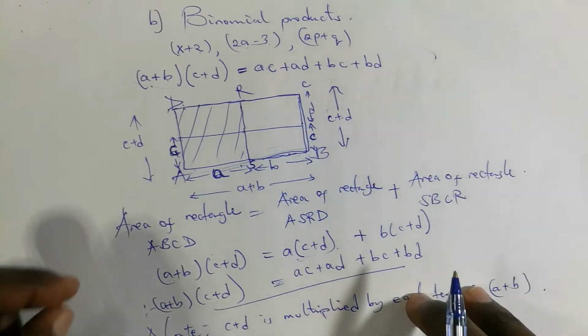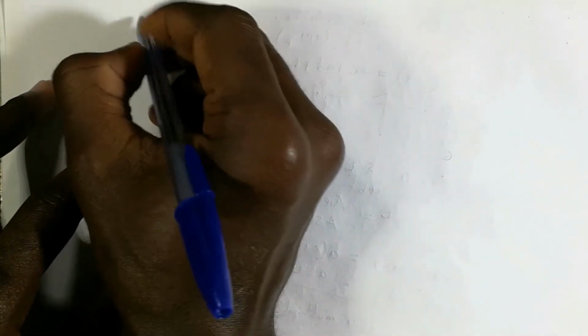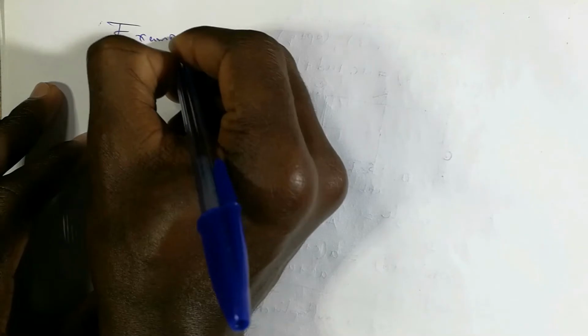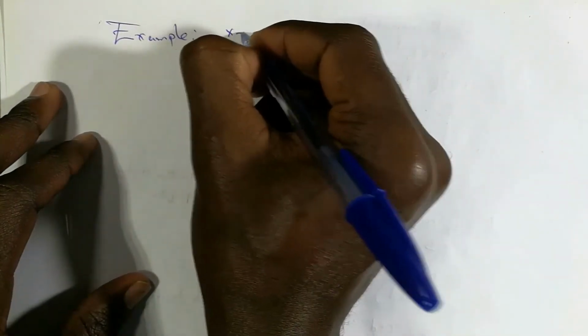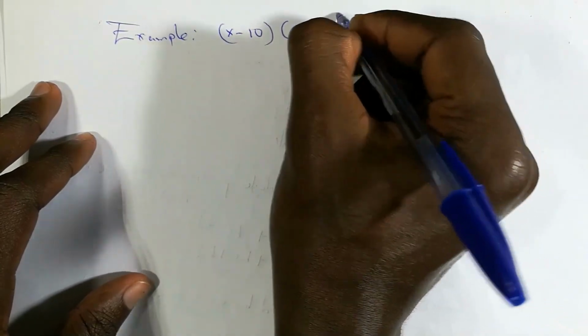Okay, you can look at maybe one example. Let's say we have x minus 10 into 2x plus 1.